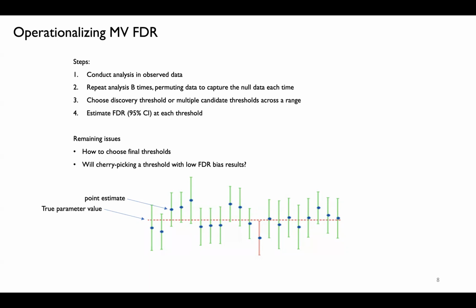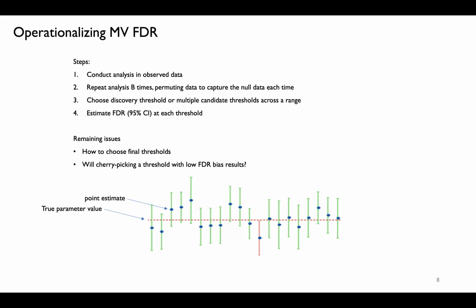So I'll just go through the steps of how we would do this. We conduct the analysis in the observed data. We would conduct permutation analyses, each time permuting the data in such a way that our statistic is generated under the null distribution, assuming there's a way to do that in our analysis.